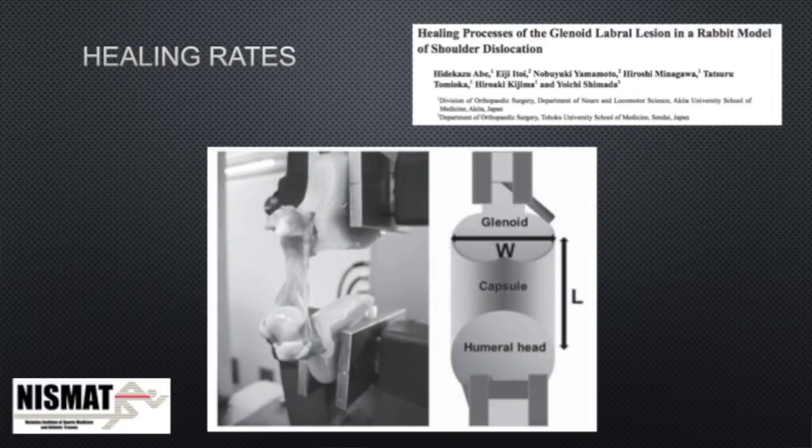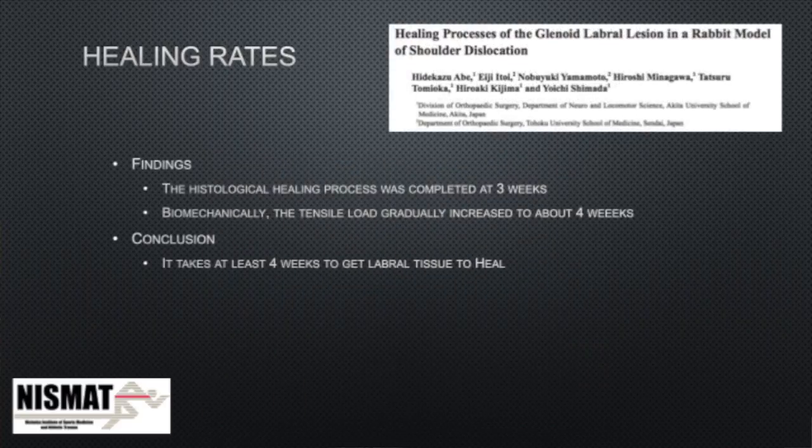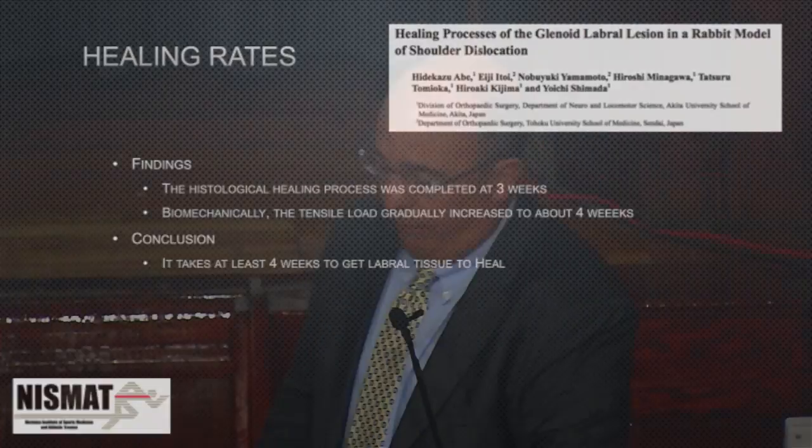They pulled on a lesion to see whether normal strength was obtained, and they did histological and biomechanical studies. The findings were that this histological healing process occurred at 3 weeks, and biomechanically the tensile load gradually increased to about 4 weeks. So the conclusion was it takes about 4 weeks to get labral tissue to heal, which is fine if you have a rabbit playing in the NFL, but there are not many rabbits that I know about. So we really don't know what the return to play is as far as being guided by biology.